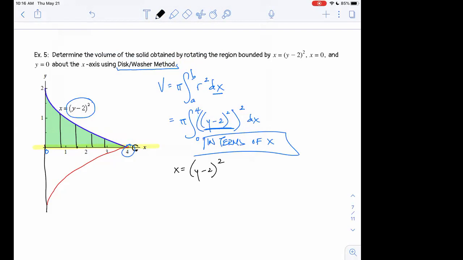So first thing I'm going to do, I'm going to square root both sides. And then I'm going to go ahead and add 2. So instead of writing y minus 2 squared, what I should write is square root of x plus 2.